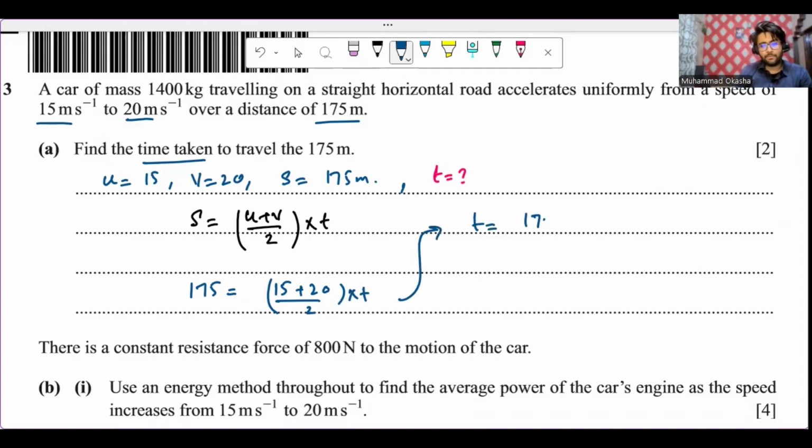And t is going to be 175 multiplied by 2 divided by 15 plus 20. If I solve it, I am going to get the value of t as 10 seconds. Pretty easy. It looks like a warm-up question.